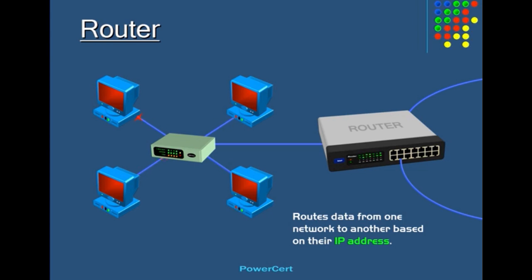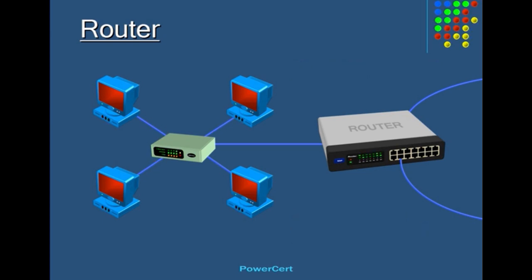When a data packet is received, the router inspects the data's IP address and determines if the packet was meant for its own network. If the router determines that the data packet is meant for its own network, it receives it, but if it is not meant for its own network, it sends it off to another network. So a router is essentially the gateway of a network.